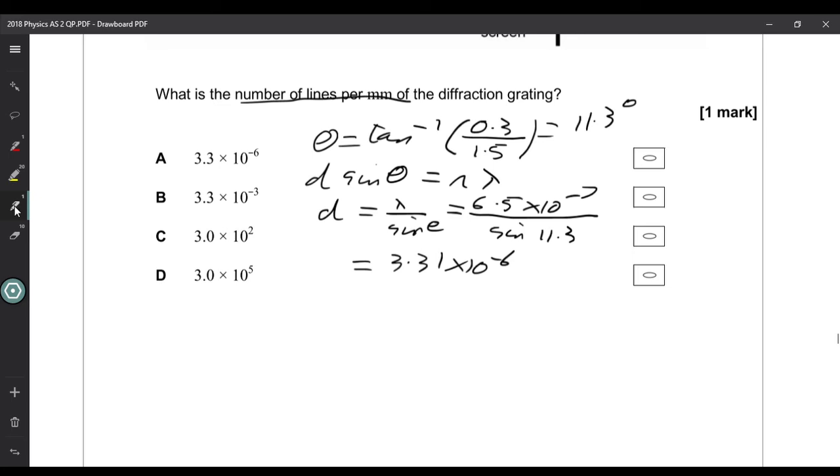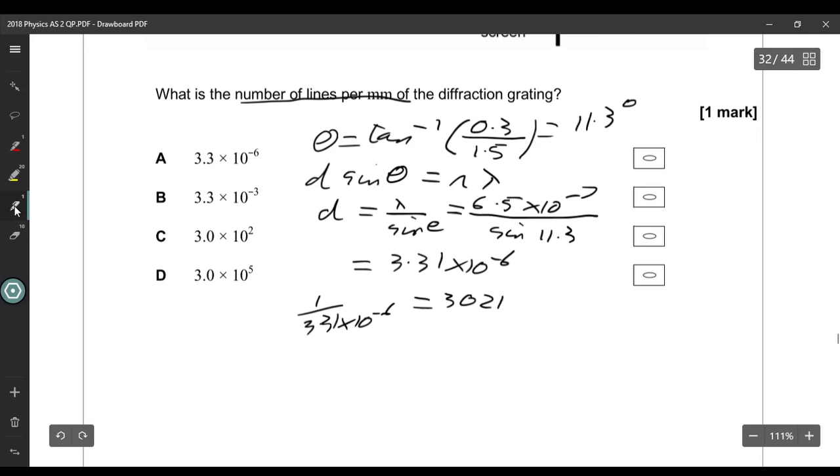So to get the number of lines per millimeter, we're going to have to do 1 divided by the 3.31 times 10 to the minus 6, and that gives us 3.2114 times 10 to the 5.